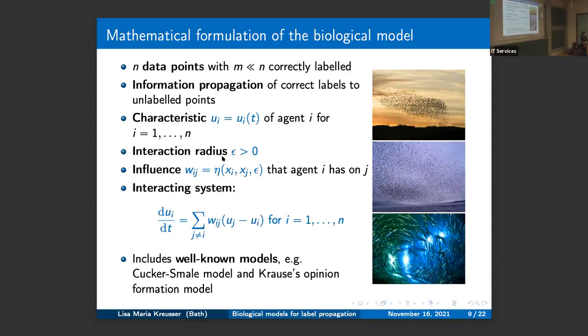And then we can look at interacting particle models, which are motivated by this equation over here. So u_i is our characteristic function for each agent, where we look at the change of this label u_i over time, which depends on the labels of neighboring nodes, or nodes for which those w_ij's are rather large, because otherwise the terms are not really considered in this very large sum.